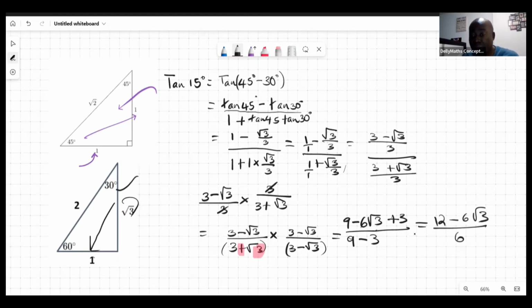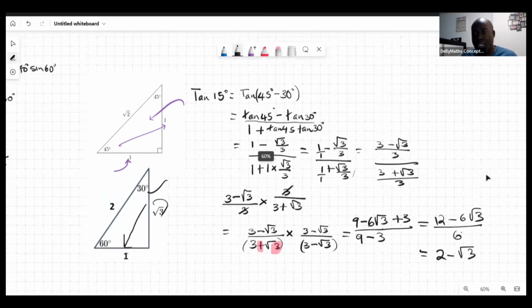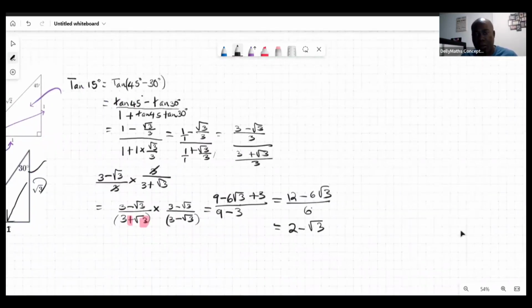I could push this further, right? If I push this further, 6 into itself is 1, and I'll get 2 minus root 3 for the final answer. How did I get that? We could take our time and do this at the side. For example, this really means 12 over 6 minus 6 root of 3 over 6.